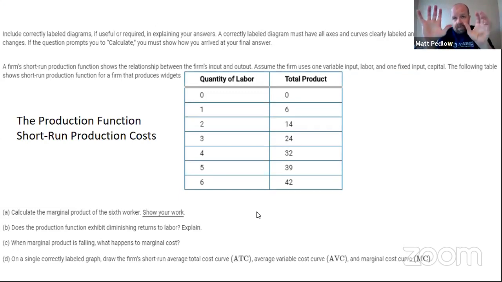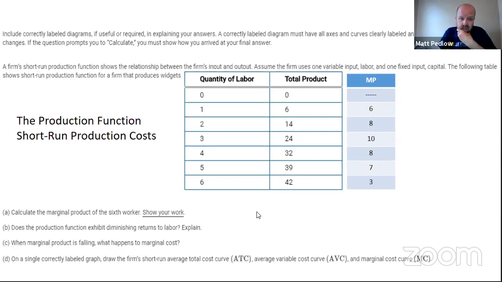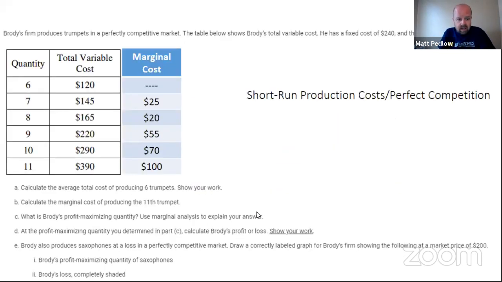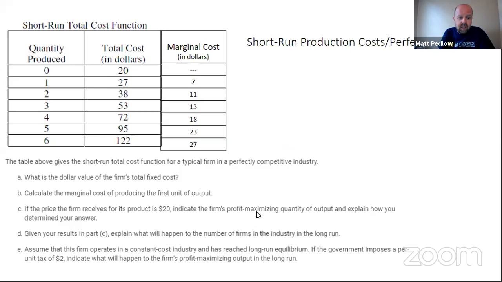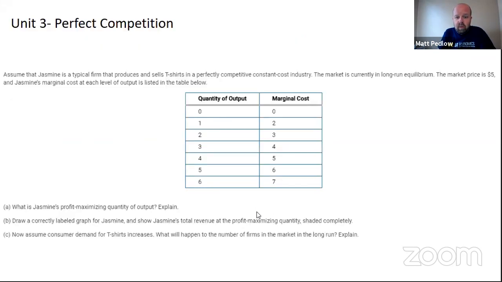Anytime you see any total product, total cost, total utility, you always want to throw on that marginal afterwards. So when you see these production functions, you have to know that once you add that marginal column, then you can start answering the questions. Same thing with all these tables, these cost functions, you just throw your marginal on there.